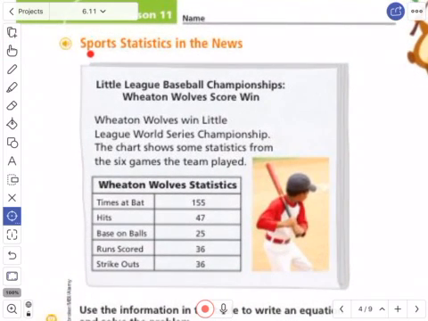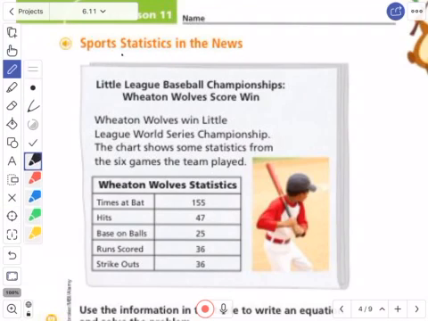So up at the top, in this orange, it says sports statistics in the news. The word statistics has a shorter word, stats. If you like to watch any kind of sport, they always talk about the statistics or the stats, and that's really just how the players and the teams are doing.